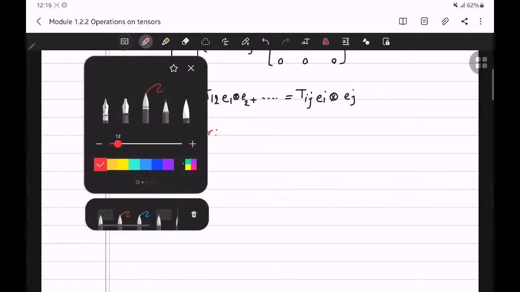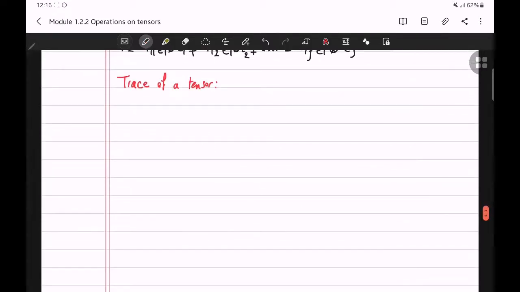So let's get to the trace of a tensor. All right. So we define the trace of a tensor as somewhat similar to the trace of a matrix. So we have trace of T plus S is equal to the trace of T plus trace of S. So it is somehow like a linear transformation we had.